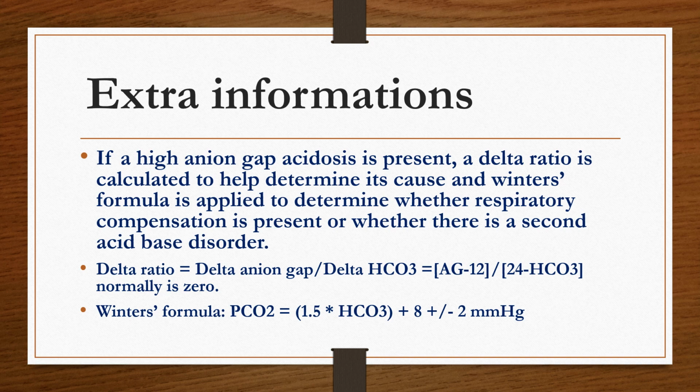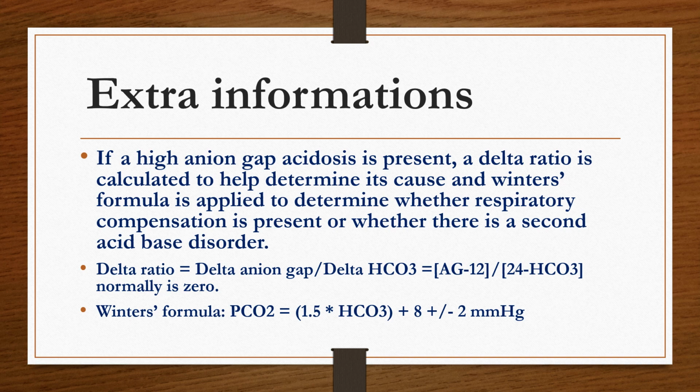What is the expected or calculated one? It is the one that we calculate by Winter's formula, just to make it clear as possible. So if the actual or measured PCO2 is the same as the expected one, or the Winter's formula one, that means the respiratory compensation is considered adequate.